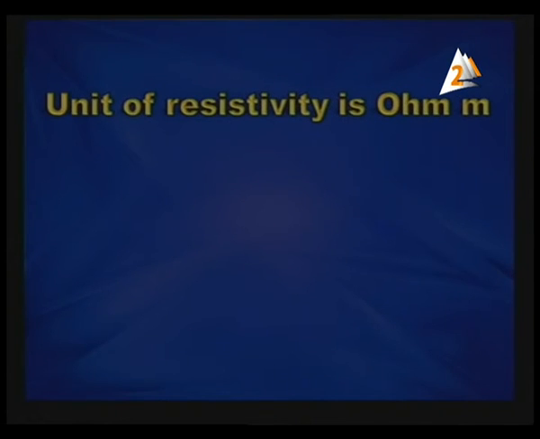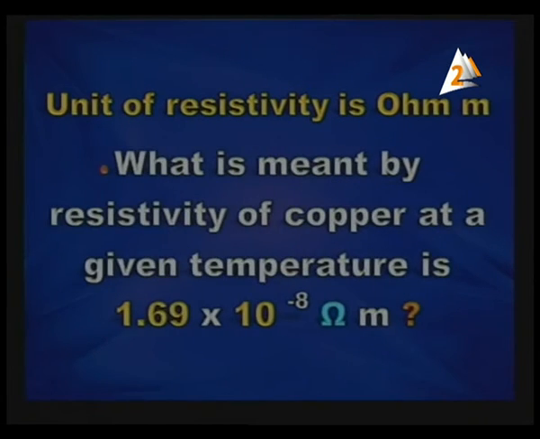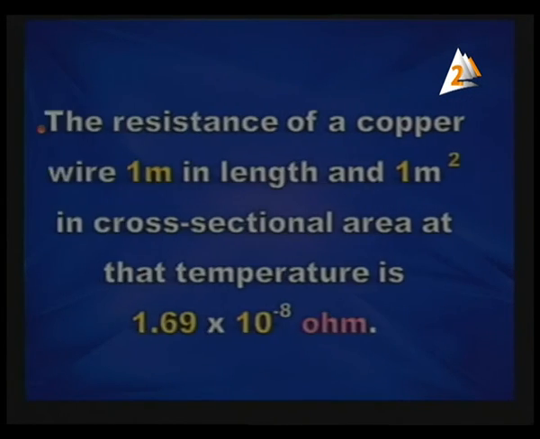Unit of resistivity, and this is very important, it is ohm meter. Now we've got a question: what's meant by resistivity of copper at a given temperature is 1.69 times 10 to the power of negative 8 ohm meter?